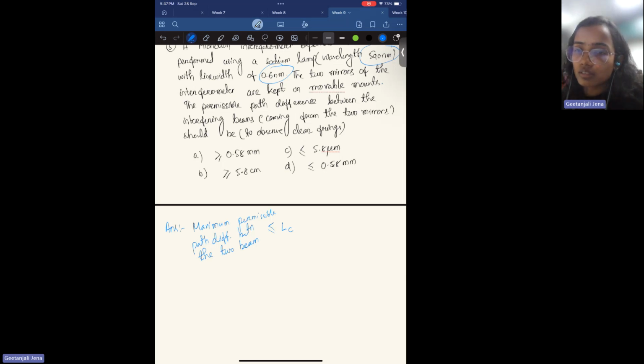Otherwise, what will happen? The beams will become incoherent. So there is no phase relation between them. Because of that, we won't see any fringe pattern.